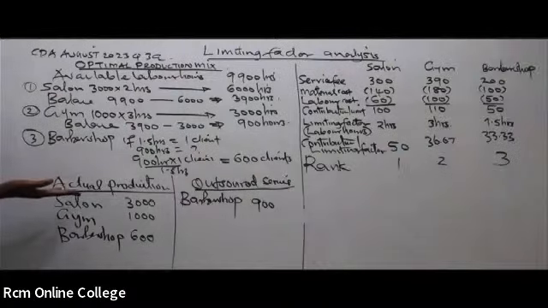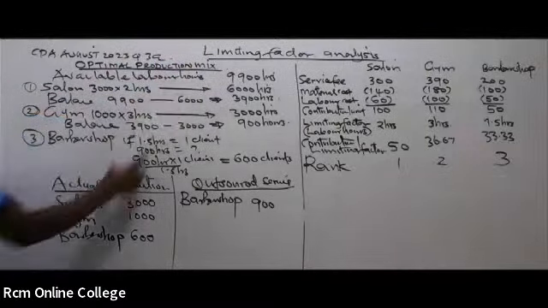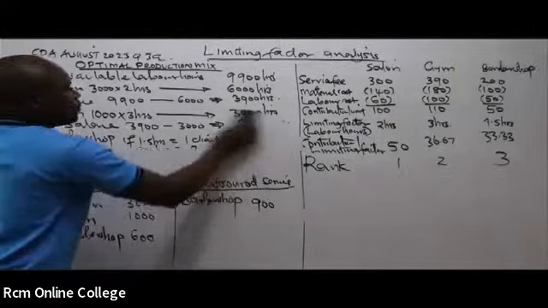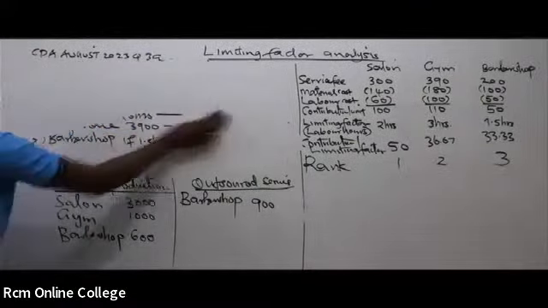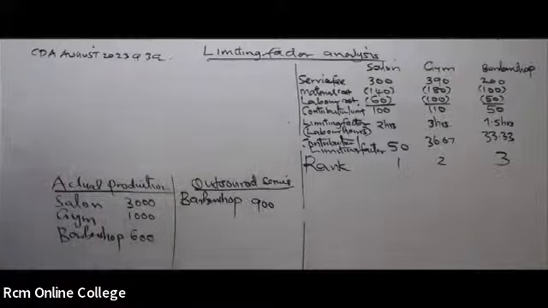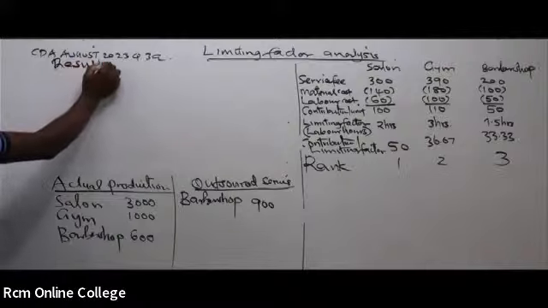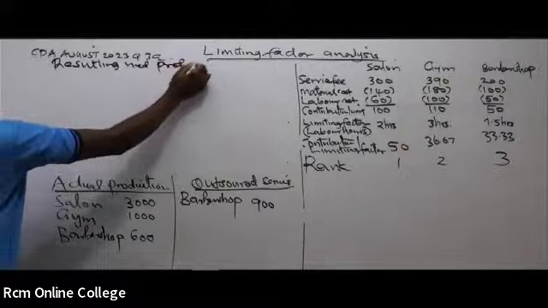Great. So once that is done, the next thing you'll be told is to give us the optimal production mix. Or resulting net profit from the optimal production mix. So optimal production mix is this actual production here. So what I'm doing is what we call the resulting net profit.